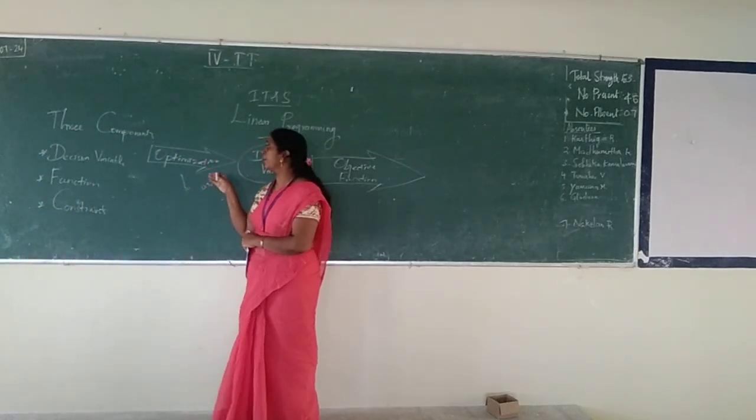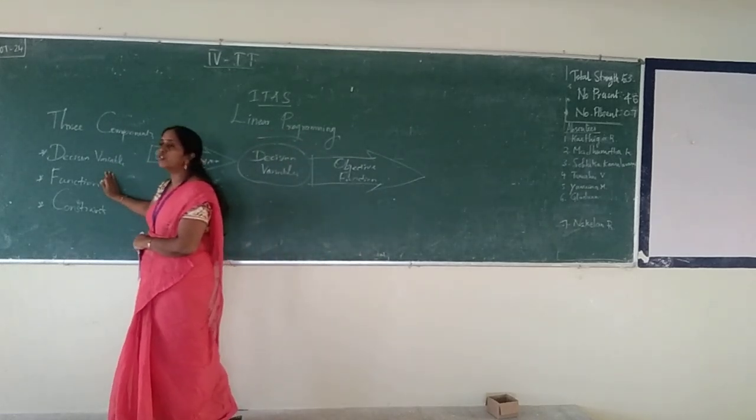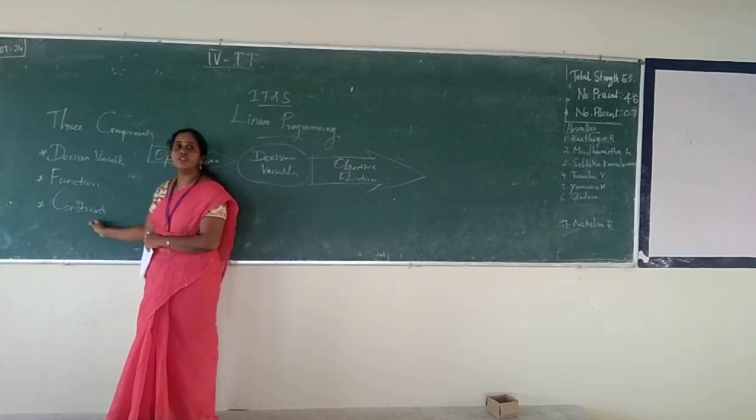So the linear programming model or linear equation will consist of three components: decision variable, function, and constraint.